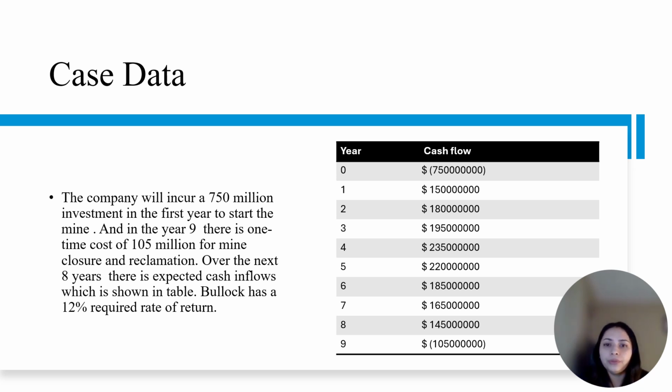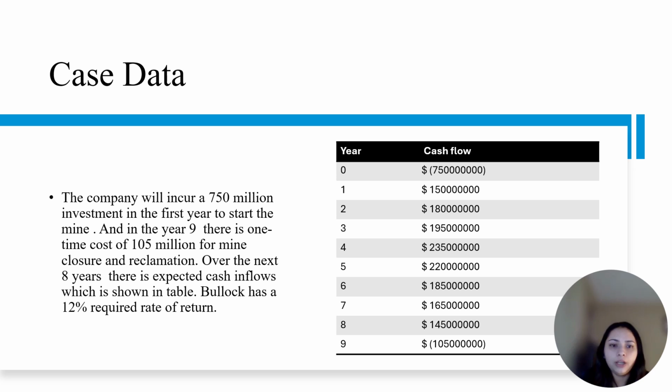After the fourth year the cash inflow begins to decrease: in the fifth year it is expected to be 220 million, in the sixth year 185 million, in the seventh year 165 million, and in the eighth year 145 million.